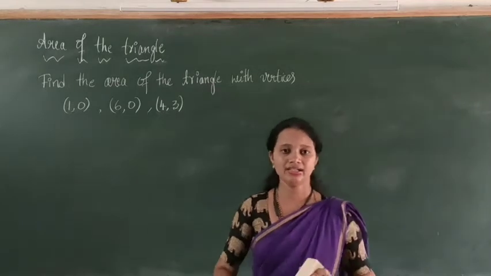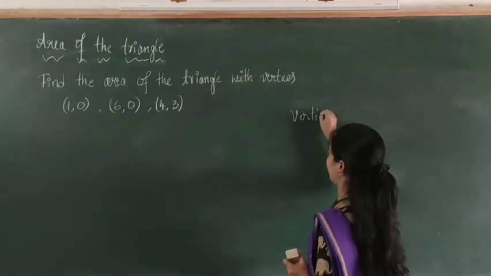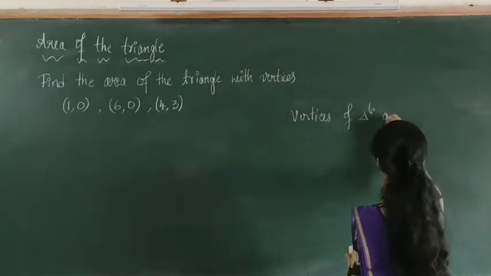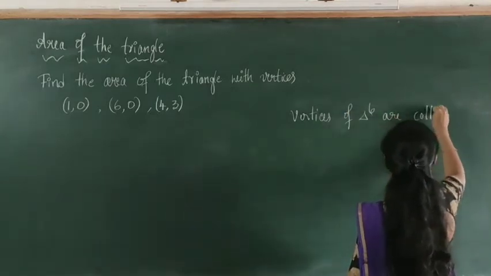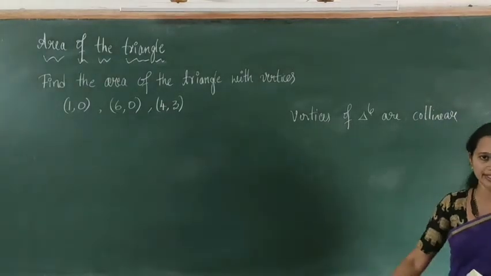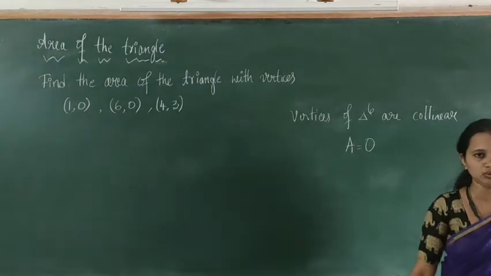And note that if the vertices of a triangle are collinear, then the area of the triangle is equal to 0.